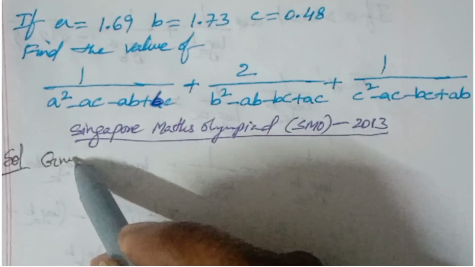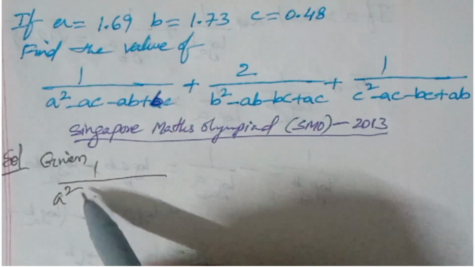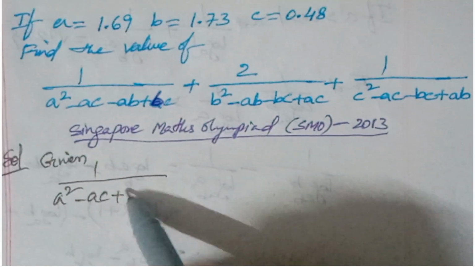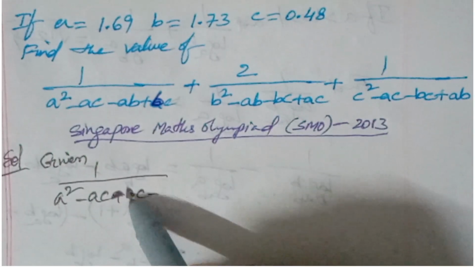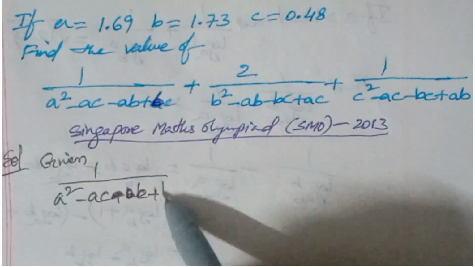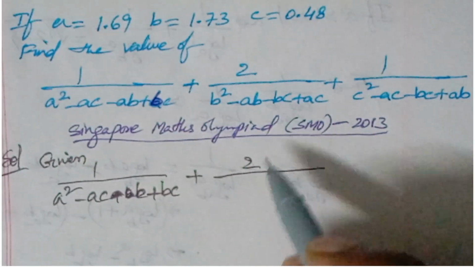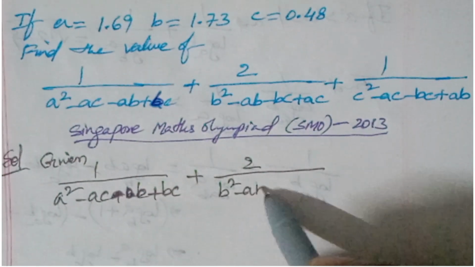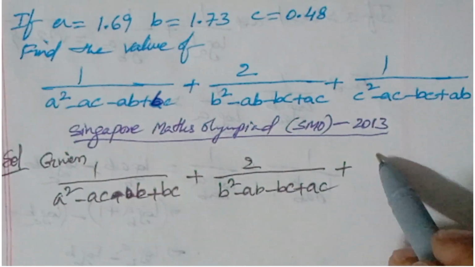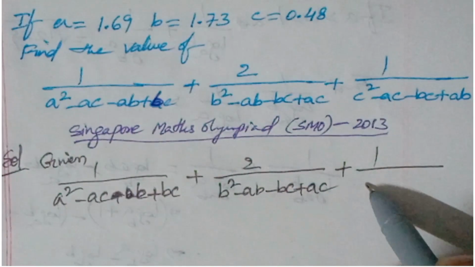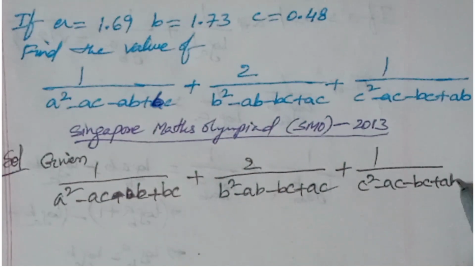So what is given? 1 by A square minus AC minus AB plus BC, plus 2 by B square minus AB minus BC plus AC, plus 1 by C square minus AC minus BC plus AB.